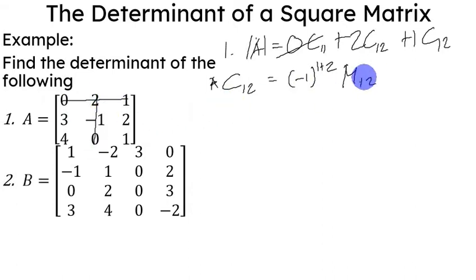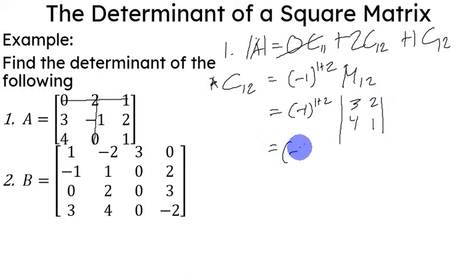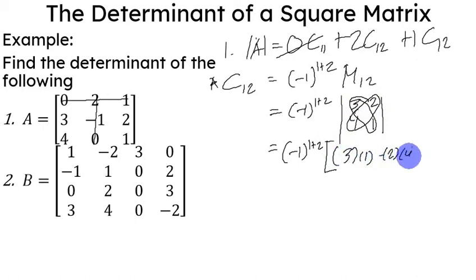So this is negative 1 raised to 1 plus 2 multiplied to the determinant of the 2 by 2 matrix 3, 4, 2, 1, which we can rewrite as negative 1 raised to 1 plus 2 multiplied to this product minus this product: 3 times 1 minus 2 times 4. This will be negative 1 raised to 3.